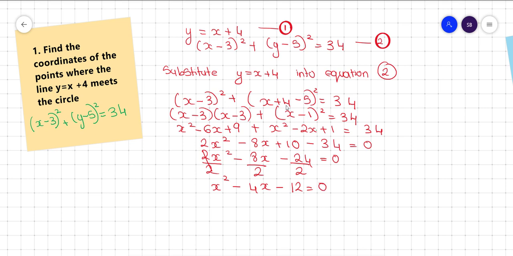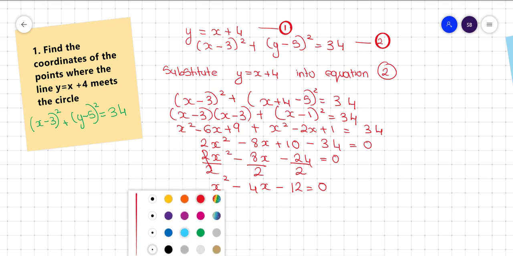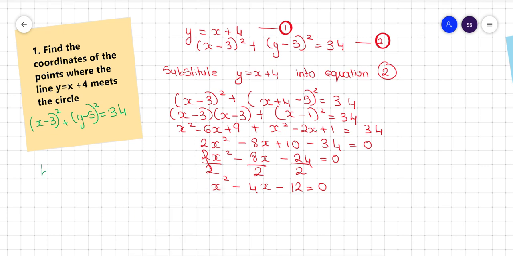Now the line intersects the circle. In order to see whether it intersects the circle at one point or at two different points, let me use this concept. b squared minus 4ac. If it is greater than 0, then this line intersects the circle at two different points. b squared minus 4ac.